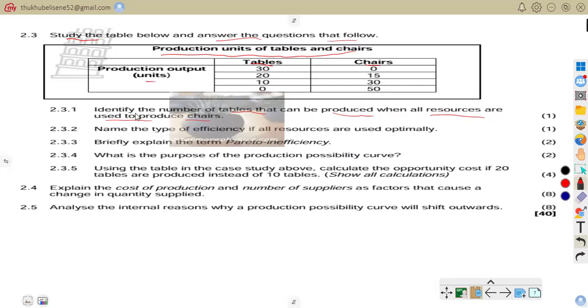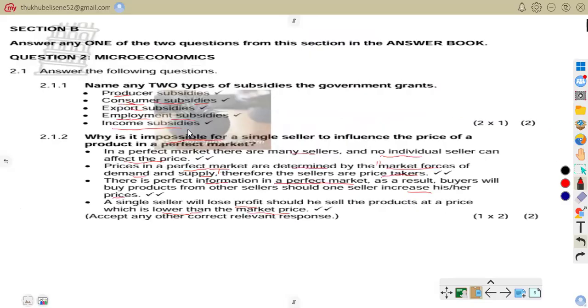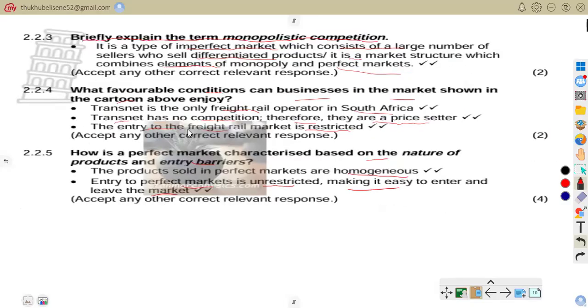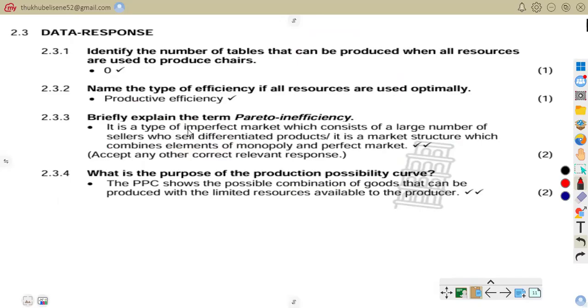We are to identify the number of tables that can be produced when all resources are used to produce chairs.